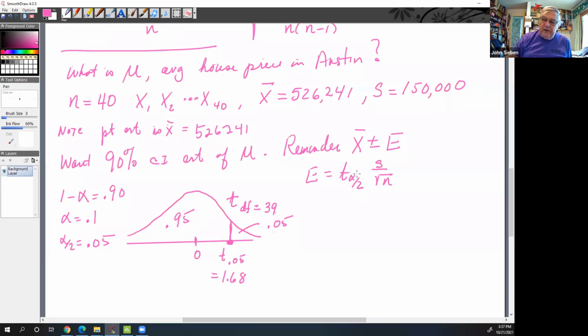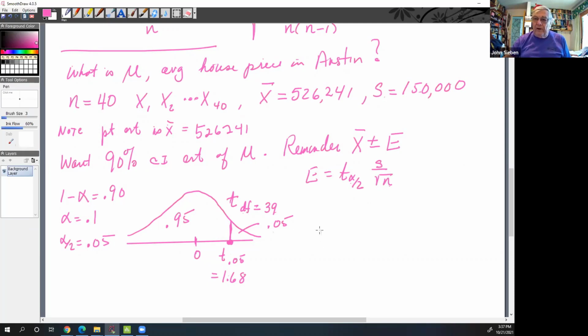Now let's double check here. How are we doing? T alpha by 2 is now known to us. It's 1.68. S, we computed earlier, it's 150,000. N is our sample size, that was 40, and we know how to take the square roots.